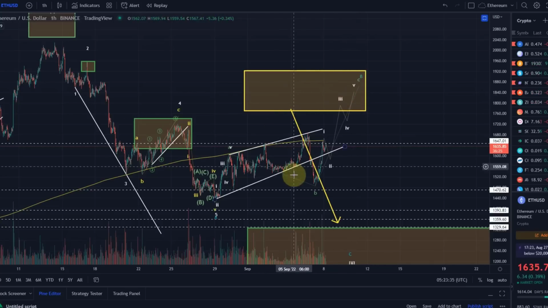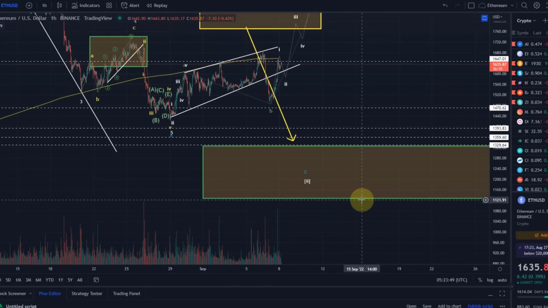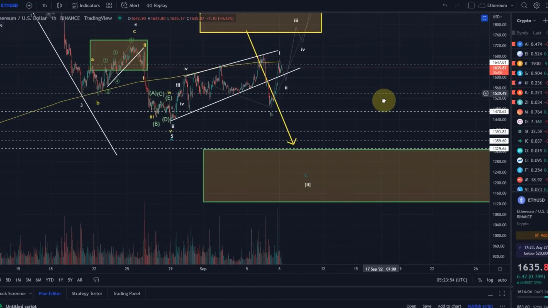This is still an area that we can focus on, but again, there is at the moment no guarantee that we get there. However, if this is the count, we should eventually get there because of the length of the wave 1 here. But I'll show you the targets in more detail, and we would then come down in a wave C into the region between 1120 or 1130 and 1330.